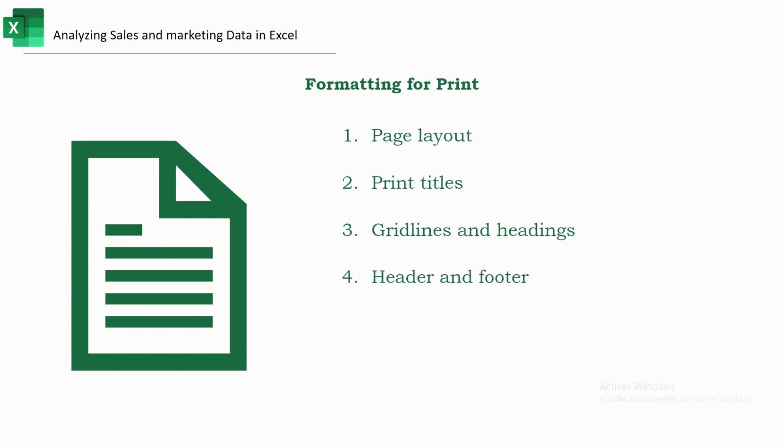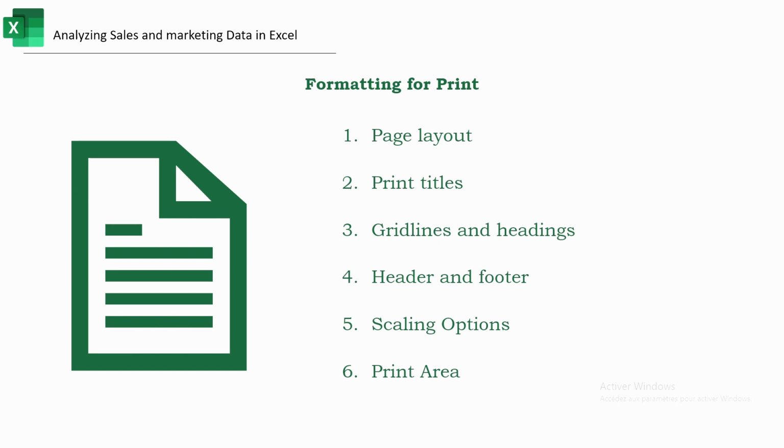Customize the header and footer to include relevant information such as the report title, page number, and dates. Access this under the Insert tab. Scaling options. Use the scaling option in the Page Layout tab to adjust the size of the content for printing. This ensures that the report fits well on the page without being too small or too large.